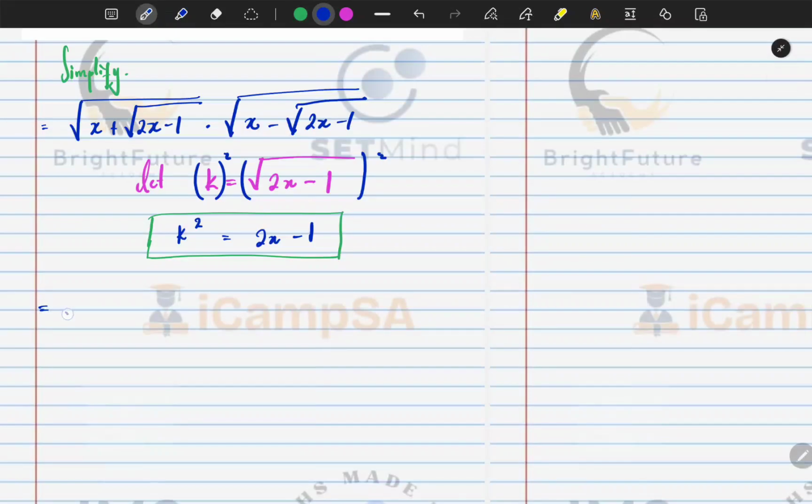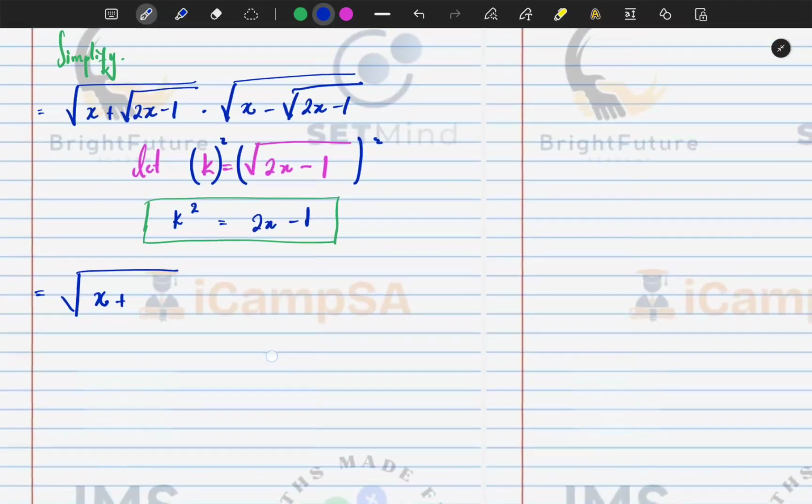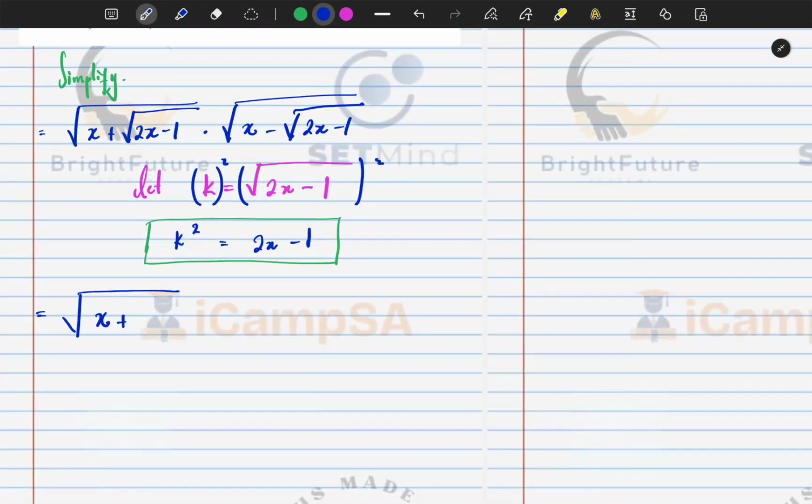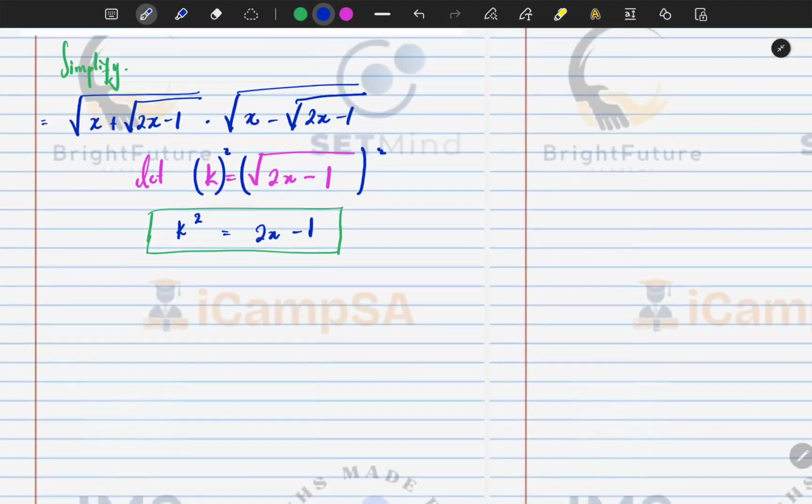Now I have the root of x plus k in place of the root of 2x minus 1. I'm writing it out so that even offline you'll be able to see what is happening.